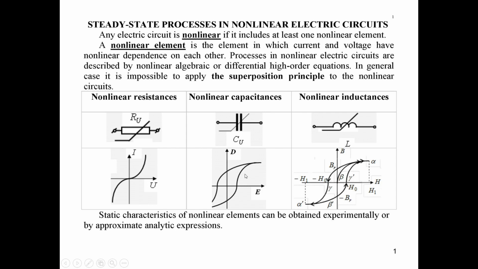C(u): here we have the dependence of electric displacement D on the applied electric field strength E. Here we have not an unambiguous dependence between U and I, but a more complicated dependence, the so-called curve in which D does not depend on E directly.